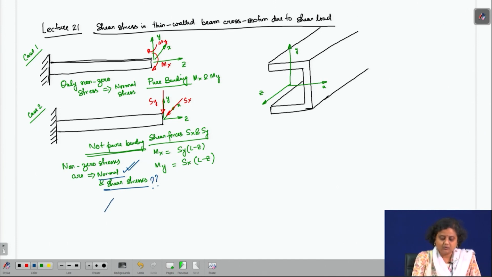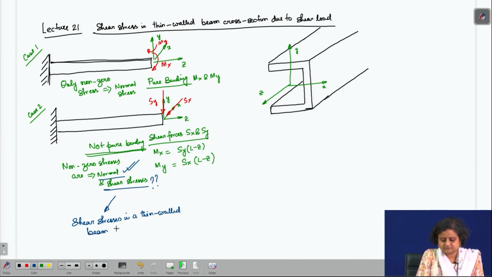So, we are going to find the shear stresses in a thin wall beam cross section due to applied shear forces Sx and Sy.